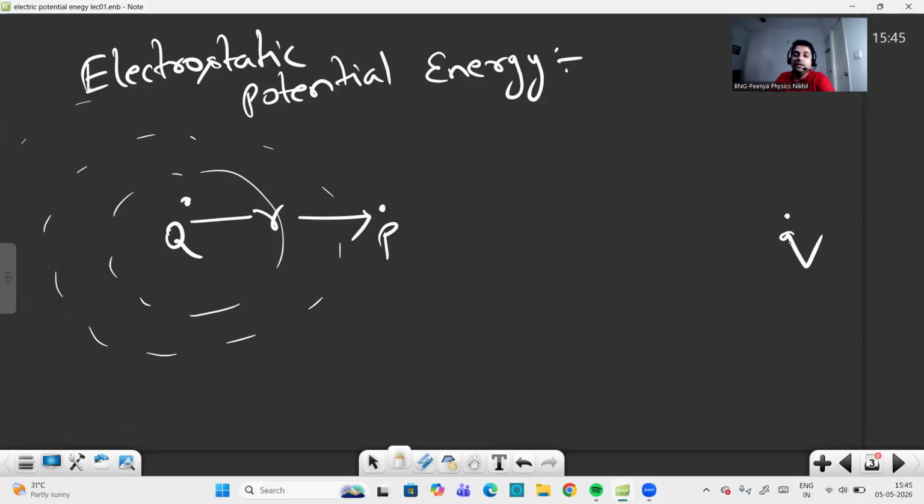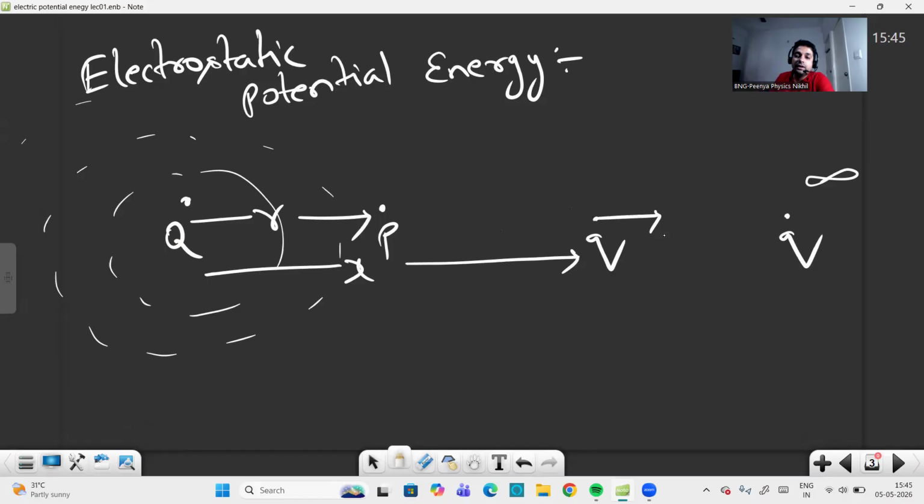Initially I considered capital Q and small q to be very far away, so that there is no interaction between them. We consider it as infinity. From there, I bring this small q, with x as a variable changing from infinity to R, and the work done against this field is stored in the form of potential energy.